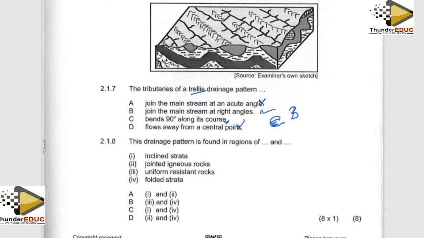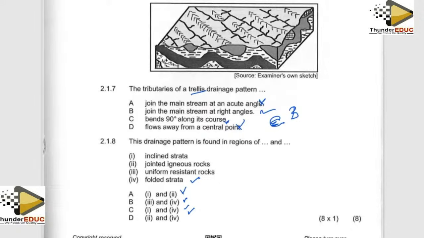So the drainage pattern is found in this region. Which region? Inclined, jointed, uniform, folded. So folded is okay. So that means wherever you have 4 is okay. So there is 4, there is 4, there is 4. So this one is wrong. They say jointed igneous rocks.